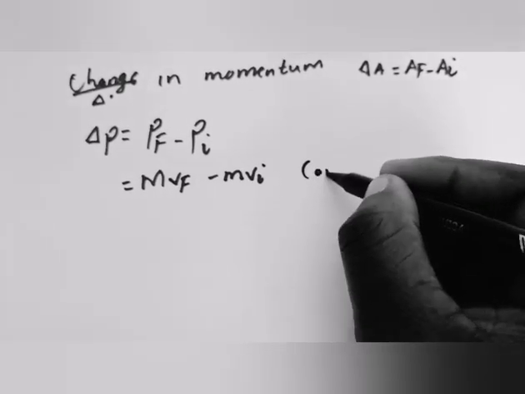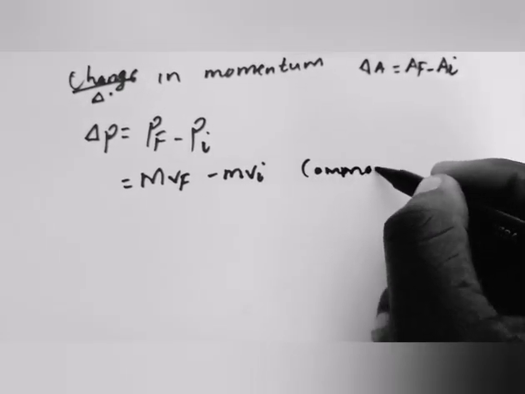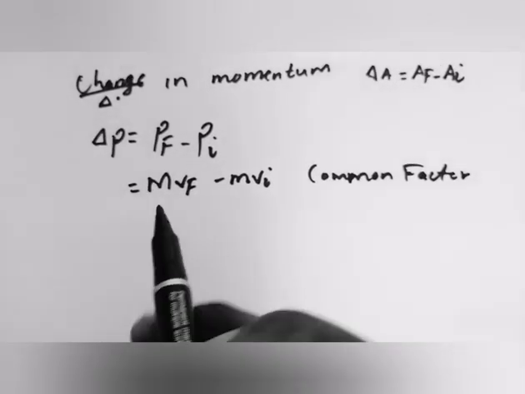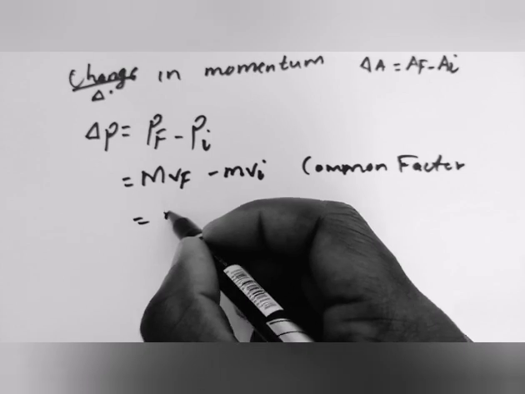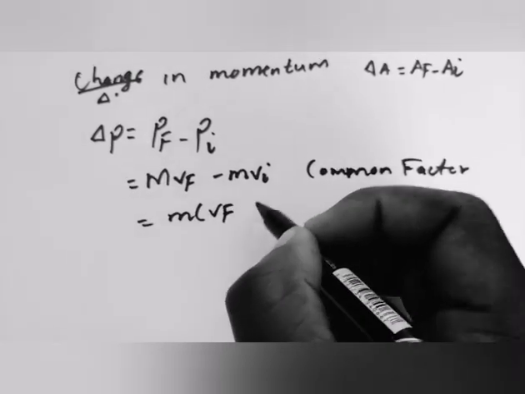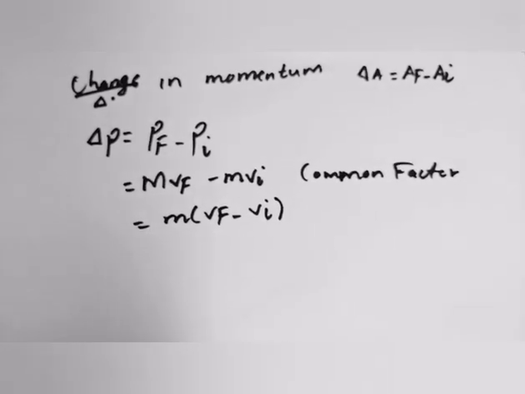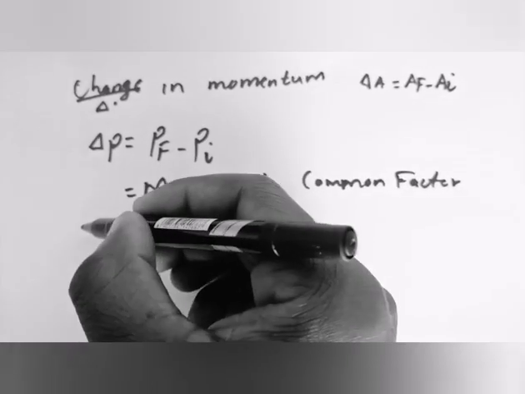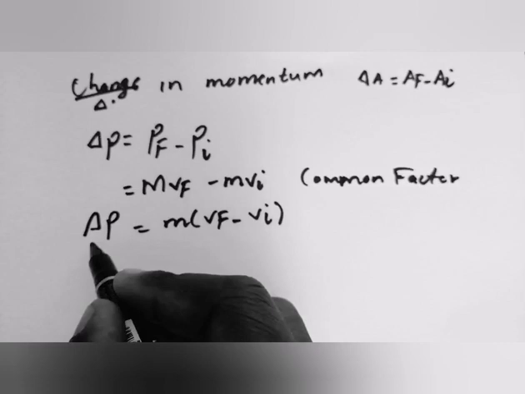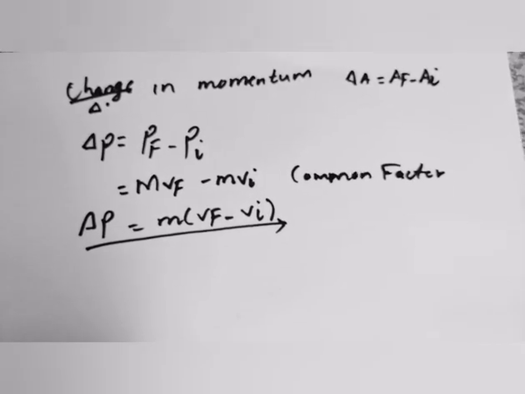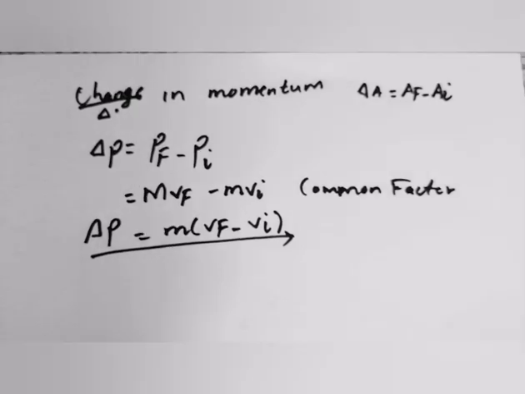There is something that is similar on the left hand side and on the right hand side, which is the m. So we take it as a common factor. Now we'll be left with v final minus v initial inside the brackets. So this is the formula to calculate the delta p, or change in momentum. You can use that formula to calculate the change in momentum.